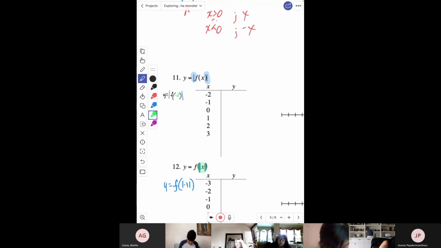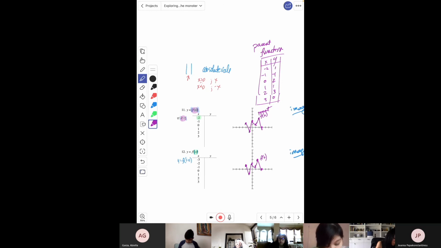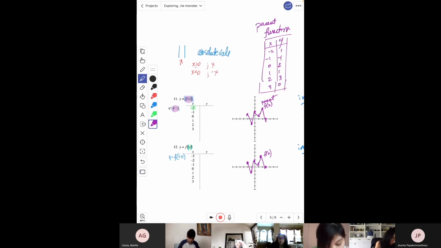I'm taking this -2 and I'm substituting in for x. So I'm first evaluating f of x. So f of x, the inside, is f of -2. What is f of -2 in the parent?